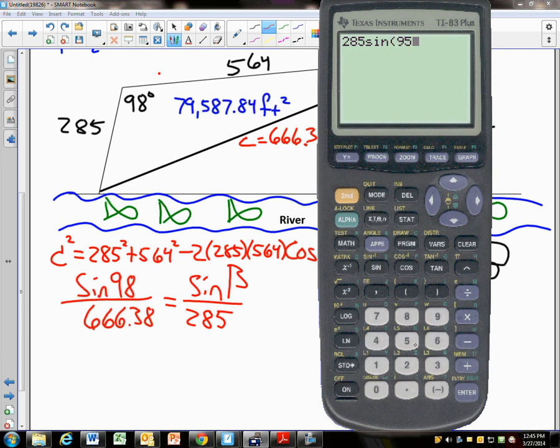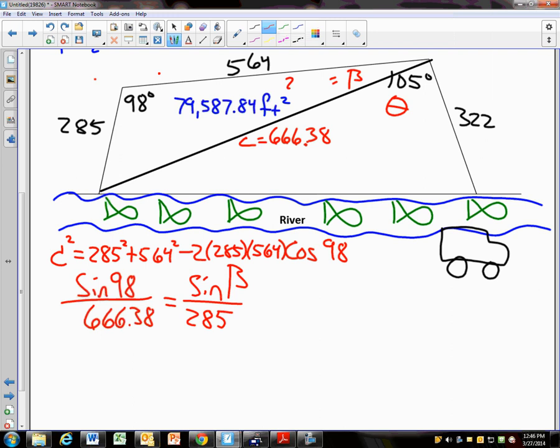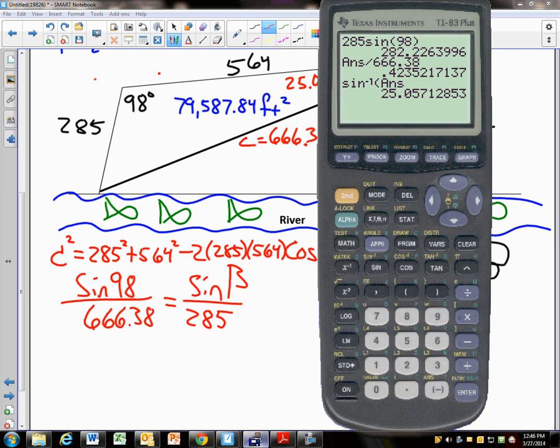So 285 sine of 98, divided by 666.38. Now, inverse sine gives 25.06. From 105, subtract that.